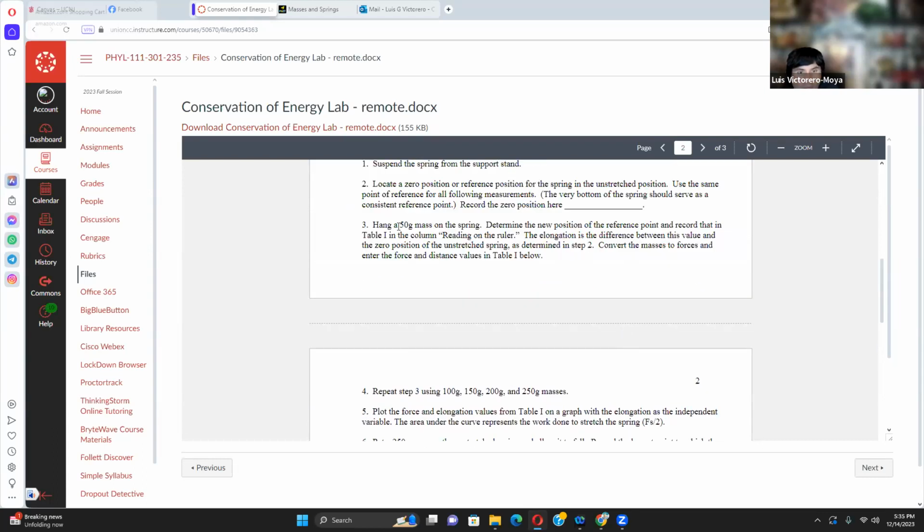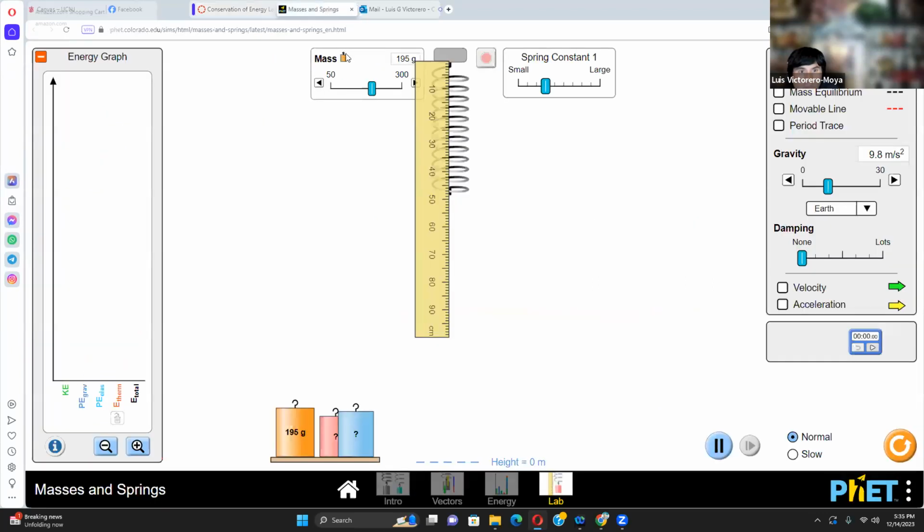So for example, for a 50-gram mass, you can place this on the spring. And if that happens, you want to stop it, okay? There, right? You see that?